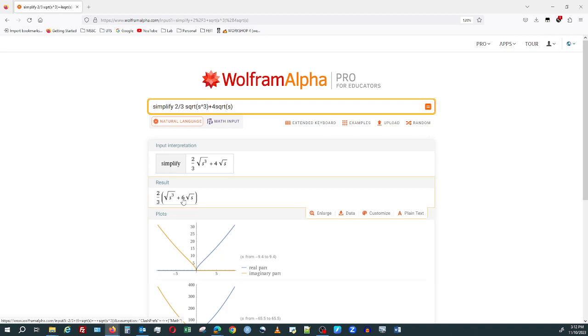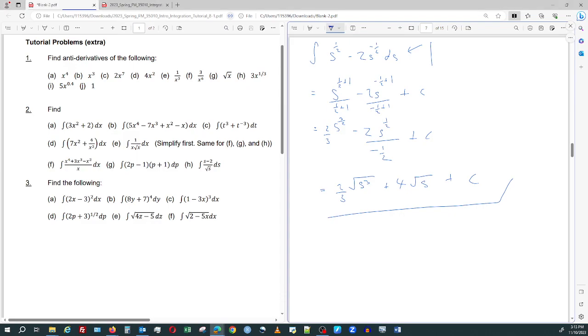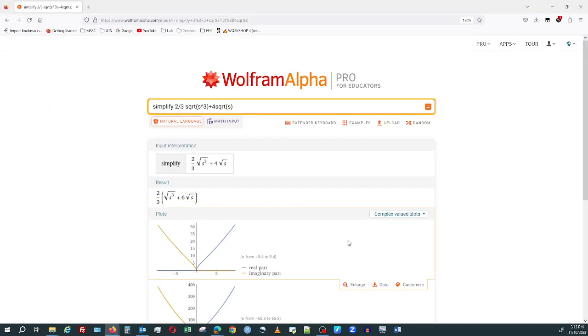So 2/3. Now what's happened here is it's been a bit tricky. There's some tricky algebra that's gone on there to have a common factor of 2/3. In order to have a common factor, that's a very complicated thing, so I'm going to better explain this, because it comes up in the future anyway, so we might as well do it properly.